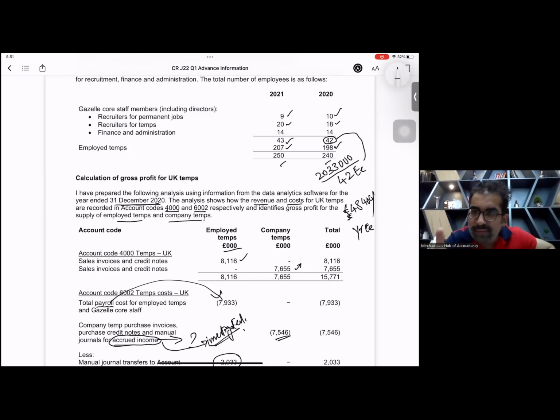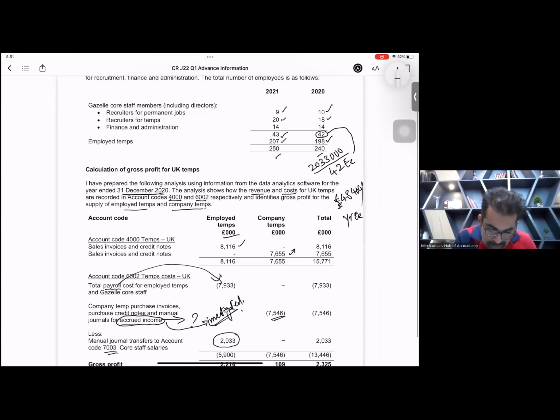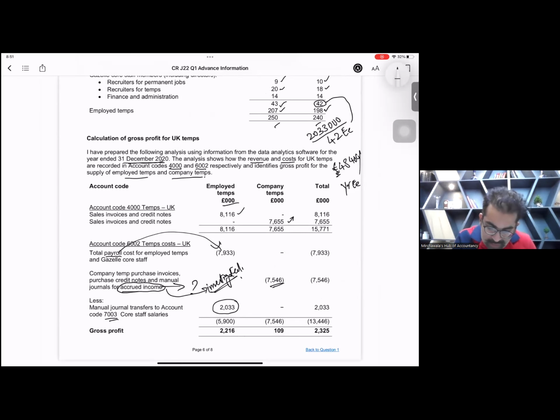We have many temporary employees as well, but they are not routine employees. We have routine employees, last year 42 and this year 43. So if you put the 2,033,000 in the numerator, which is last year's data, and divide it by 42 employees, you will get 48,404. Please have a look.